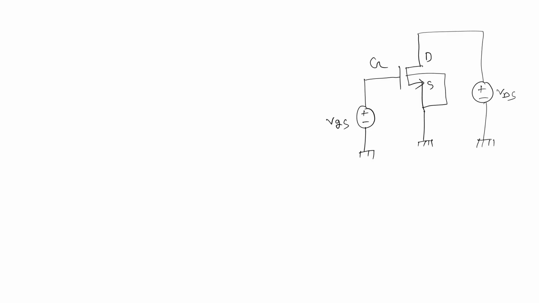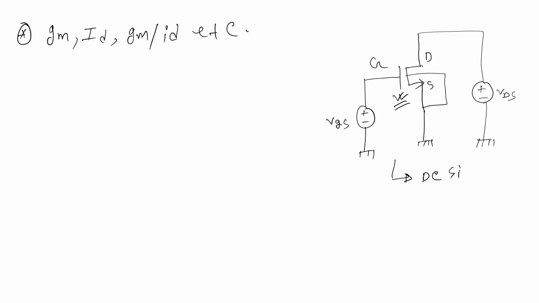For the GM over ID technique, we will characterize this MOSFET in detail and find some parameters of this MOS, like GM, ID, GM over ID, etc. We need to extract those values from this MOSFET by using DC simulation.